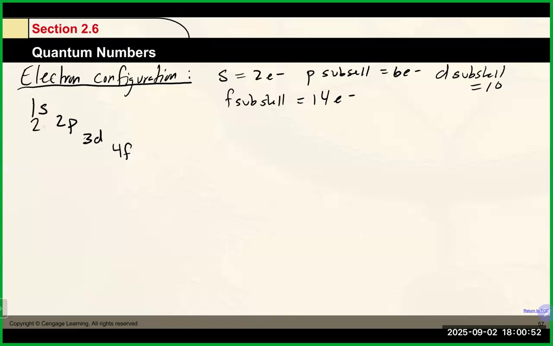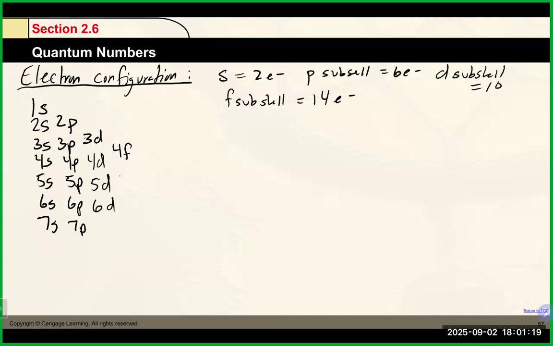So 1s, 2s, 3s, 4s, 5s, 6s, 7s, 2p, 3p, 4p, 5p, 6p, 7p, 3d, 4d, 5d, 6d, 4f, and 5f.